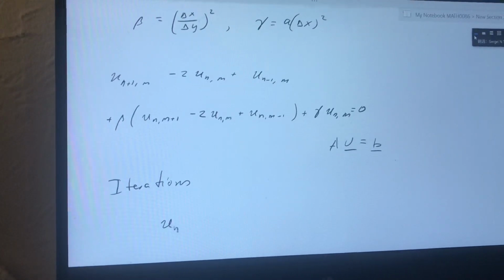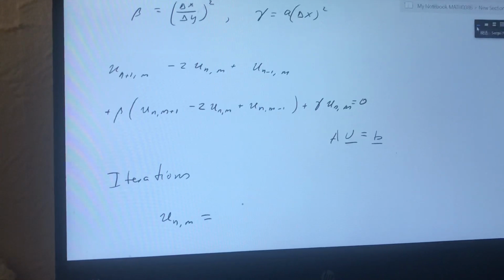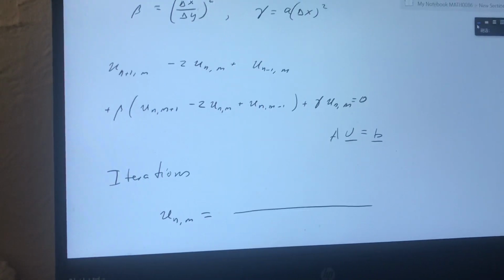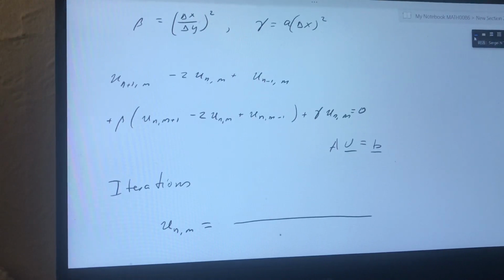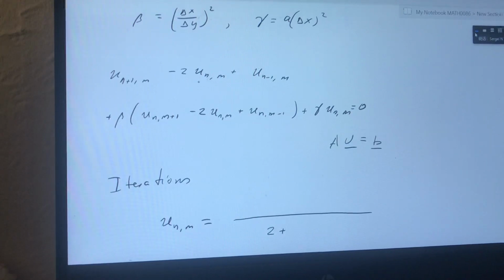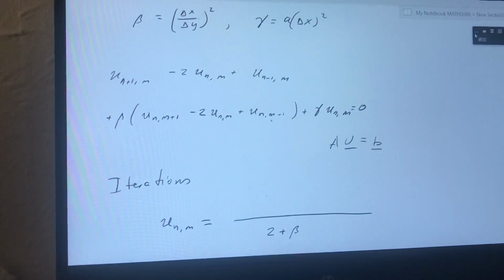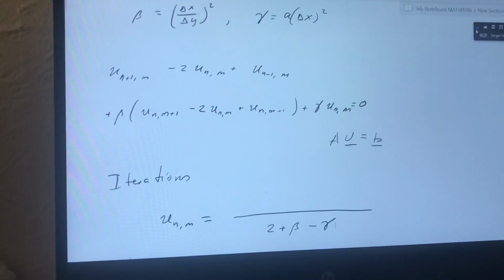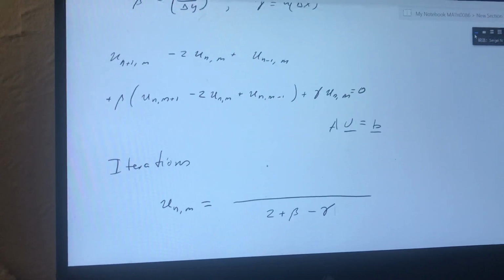So I will rewrite, first of all, this system as u_n,m expressed in terms of everything else, and that will give me 2 plus 2 beta minus gamma. While I'm writing this, someone needs to check that the sign of the gamma is correct.